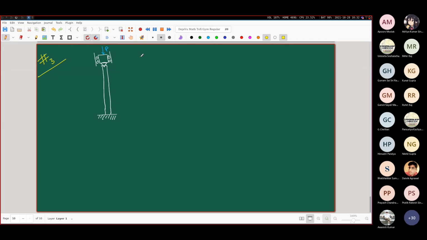You see, this equation is valid. We had also said that from this we are going to obtain EI d²y/dx² = M = -Py.